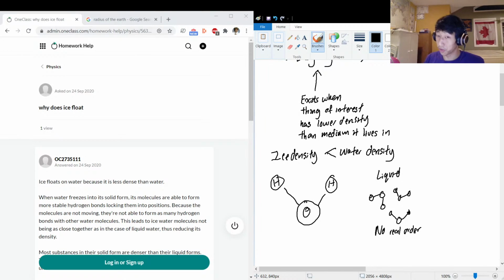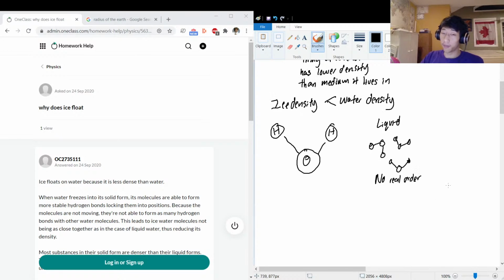When it gets cold, these water molecules don't really want to move around as much. Actually, the measure of temperature is really just the average velocity of all the particles contained inside. Fun fact. But as it gets colder, these water molecules are not bouncing around as much.